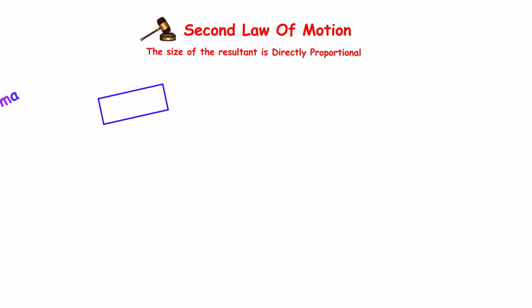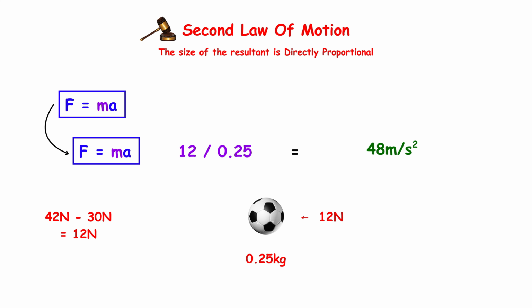To find the resultant force, we subtract 30 from 42, giving us 12 newtons acting towards the right. Using our formula, we rearrange it to get force divided by mass equals acceleration. Plugging in the numbers, we divide 12 newtons by 0.25 kilograms to find the particle's acceleration, which comes out to 48 meters per second squared.